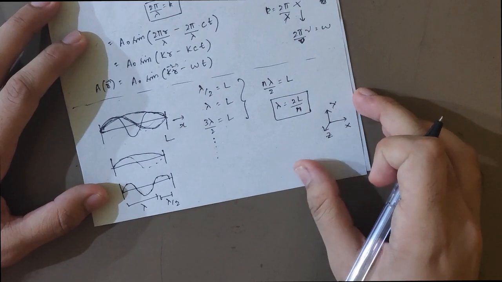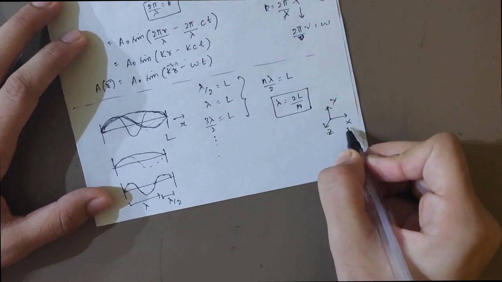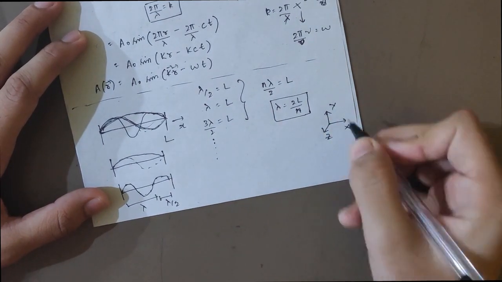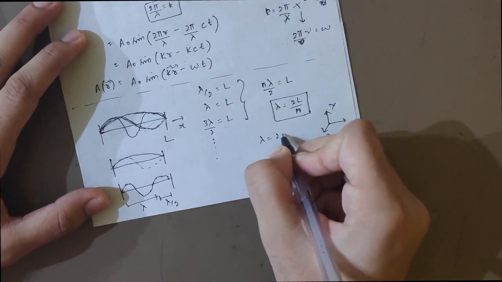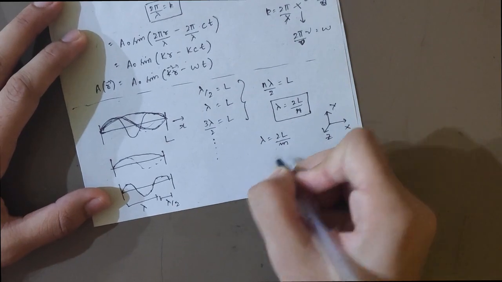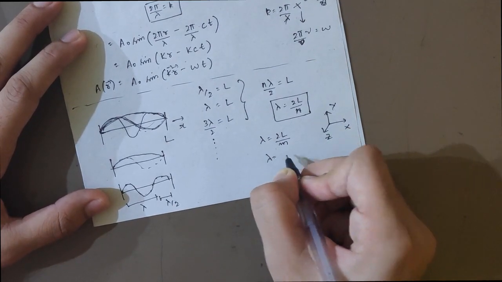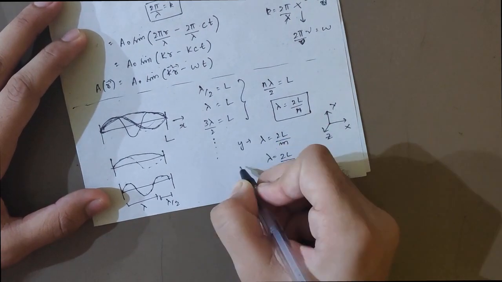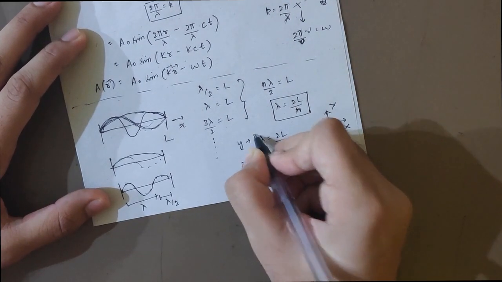So similarly, like x, where lambda equals 2L by n, for y and z you might have that lambda equals 2L by m and lambda equals 2L by k, along the y-axis and the z-axis, right?